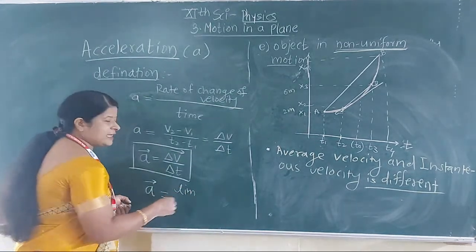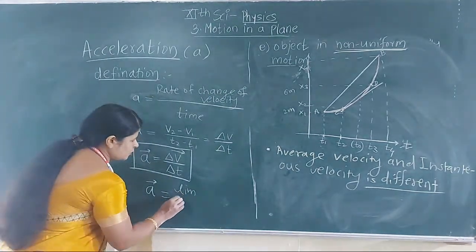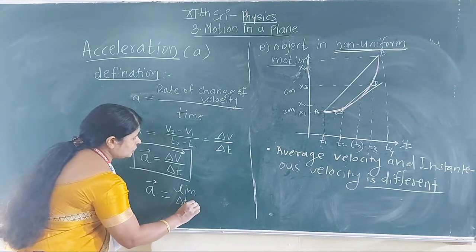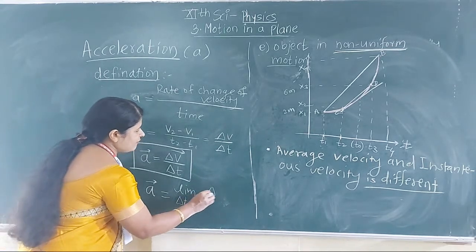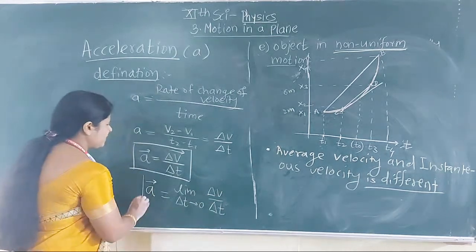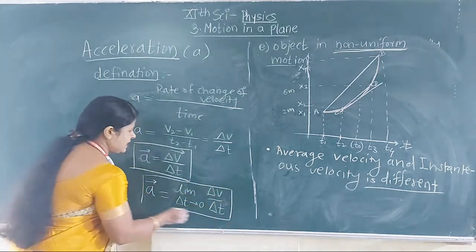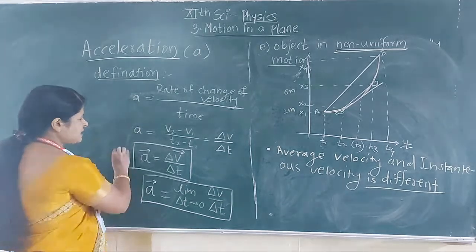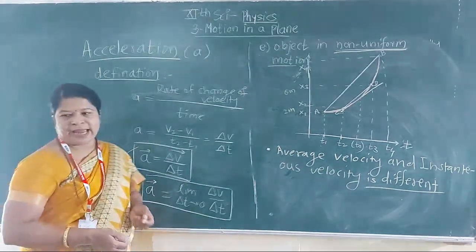Therefore instantaneous acceleration is the limit of delta t tends to 0 of delta v divided by delta t. This is the formula for instantaneous acceleration, and the earlier one is for average acceleration.